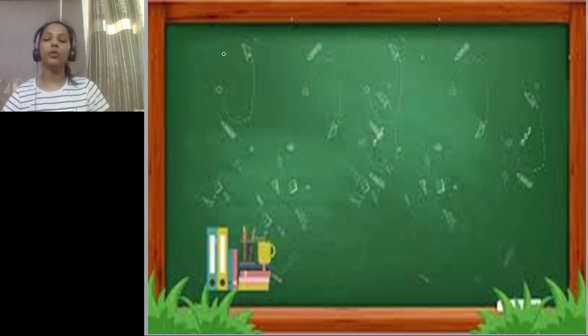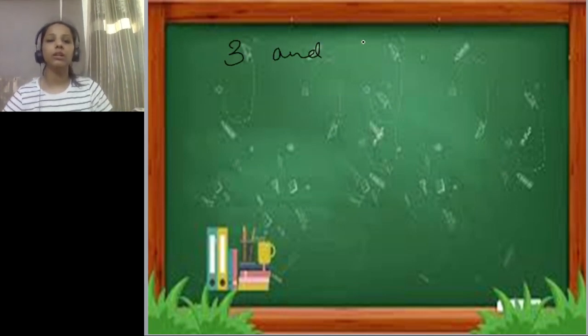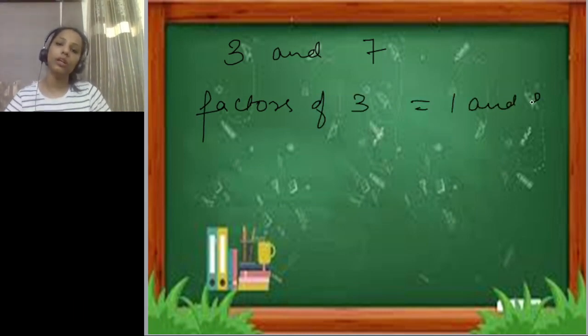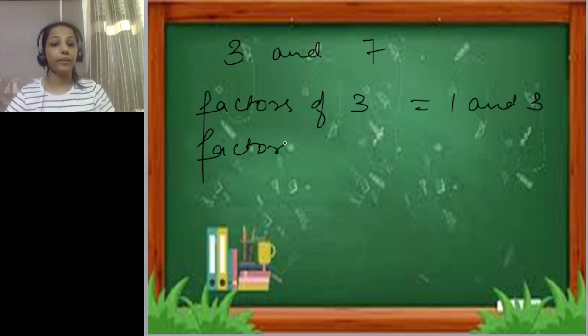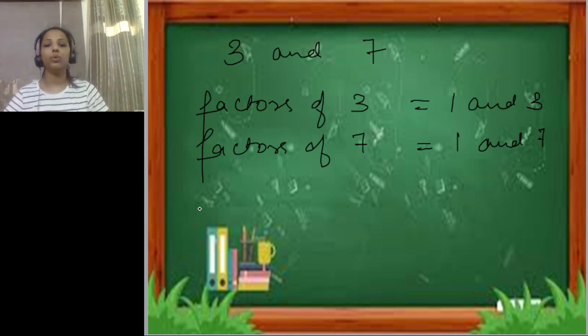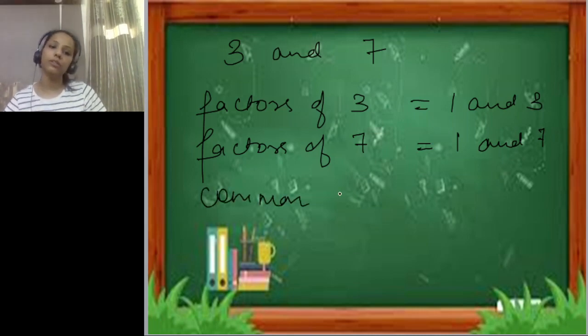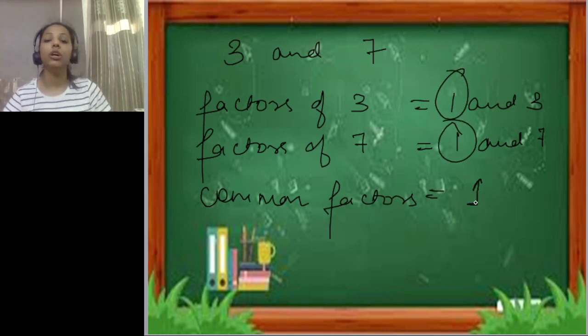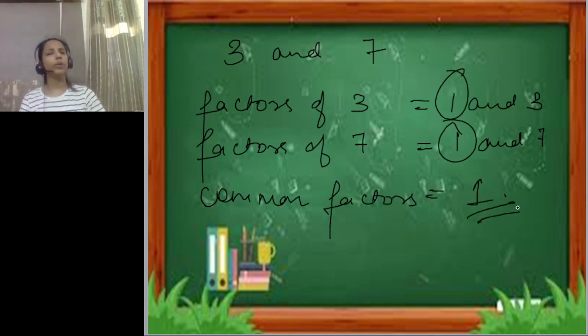Okay. Now let us look at one more example. Say we have to find the common factors for 3 and 7. Factors of 3 are 1 and 3, and factors of 7 are 1 and 7, right? So the common factor is only 1.